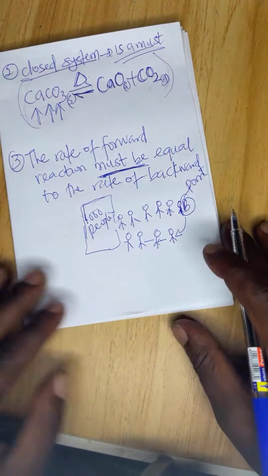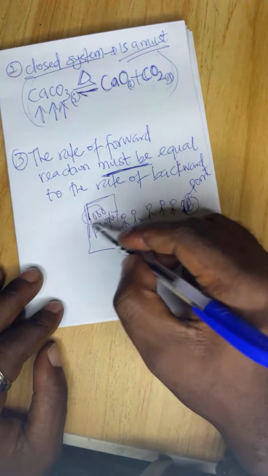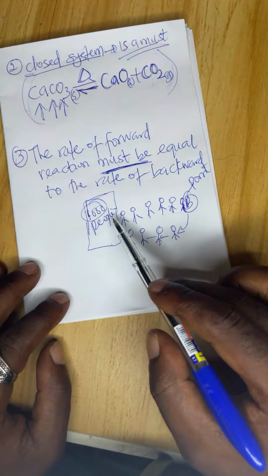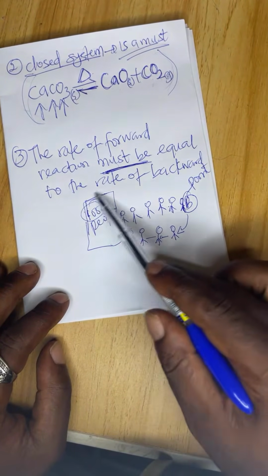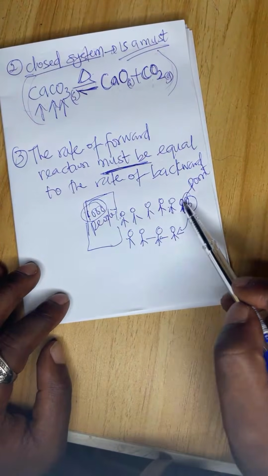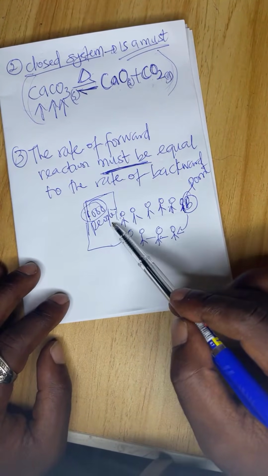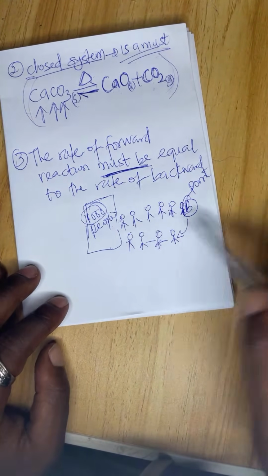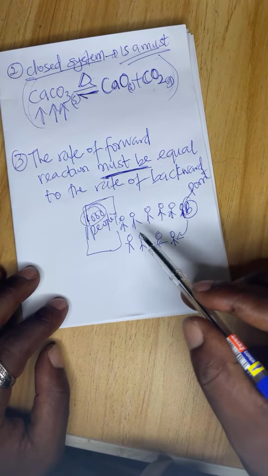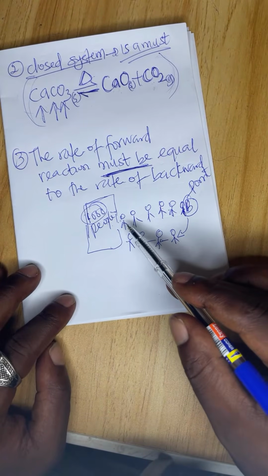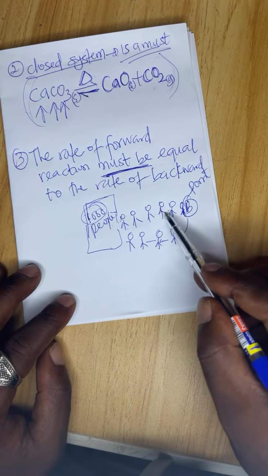Now, let me ask you a question. You know you have about 1,000, right? Do you think the 1,000 people would have moved out before Tilda starts entering? Even if you don't say it, the answer is no, because how many people are outside? They are just 1, 2, 3, 4, 5, 6.